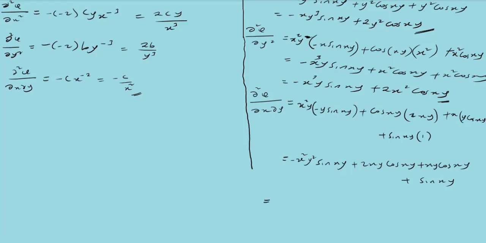So the final answer will now become minus x square y square sine xy plus 3xy cos xy plus sine xy. This is the final answer.